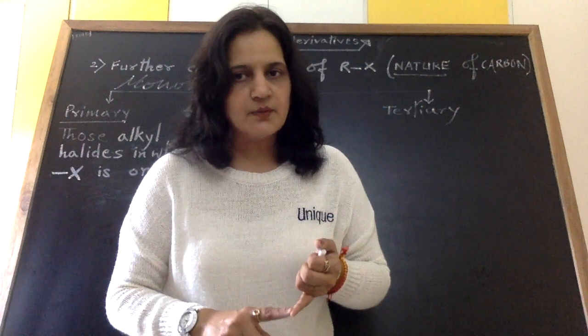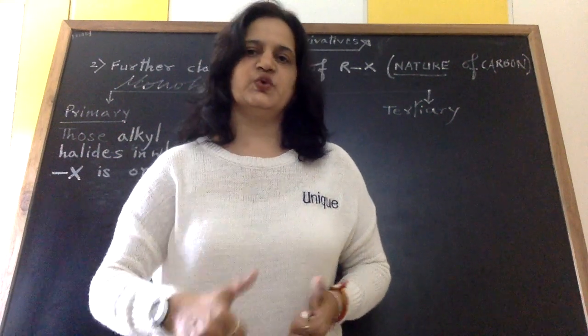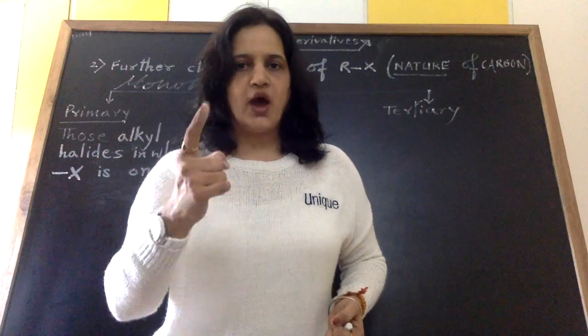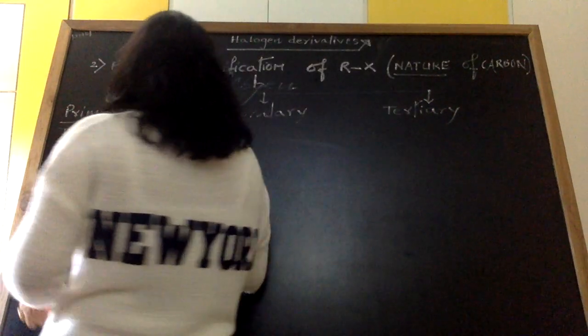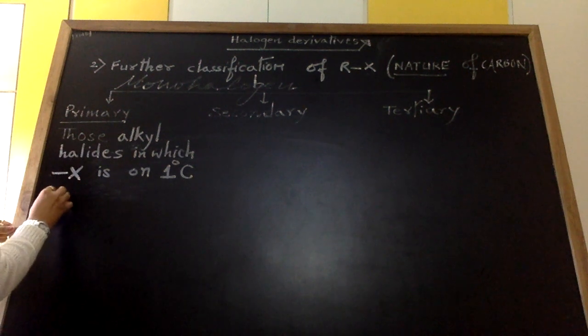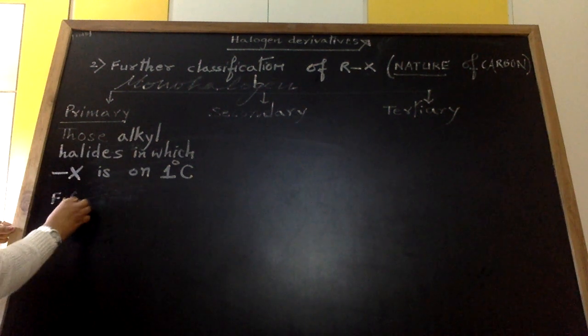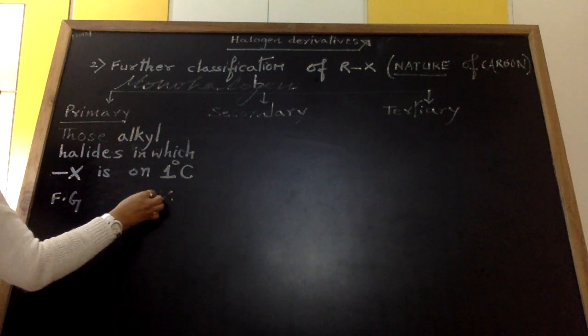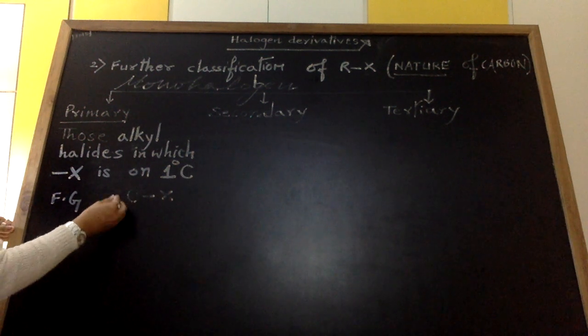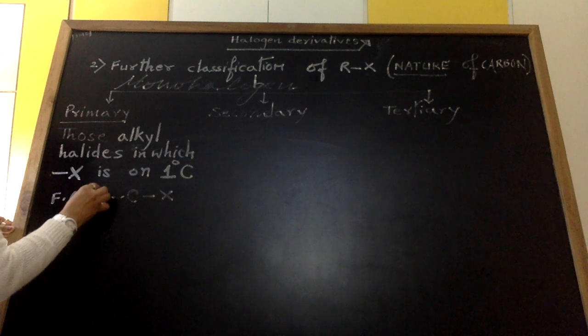And a primary carbon is that carbon atom which is directly attached to one other carbon atom. Hence, the functional group of primary alkyl halide will be X, that is a halogen, on a carbon, and carbon is attached to only one other carbon.